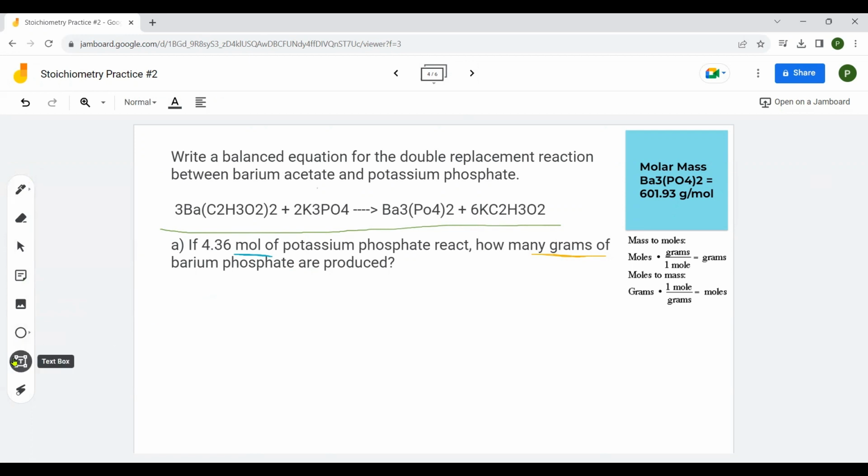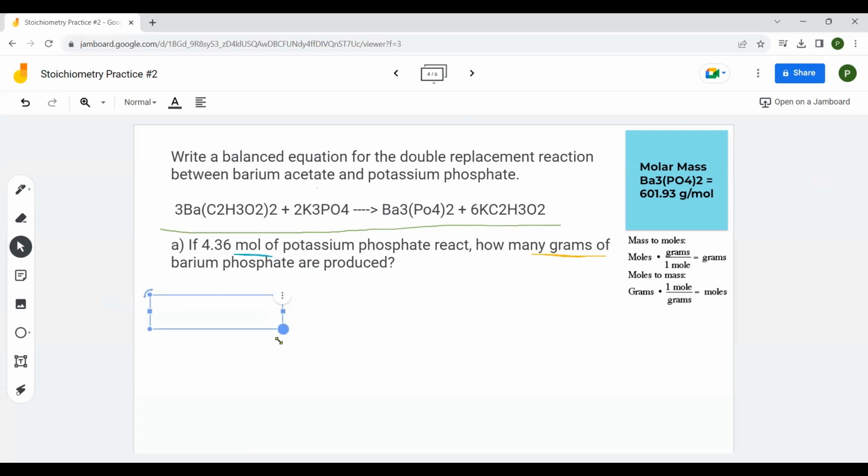So we're going to tackle this in different steps. I think it makes it a little bit easier to break it down as opposed to setting it up in one long go. So the first thing that we're going to do is, not convert, we're going to set up our ratio. After we do that, then we'll convert into grams.